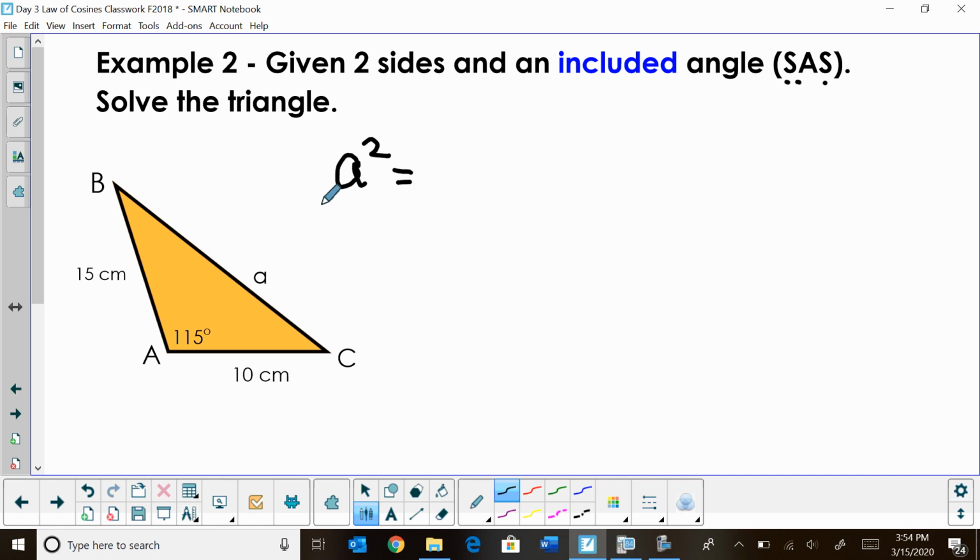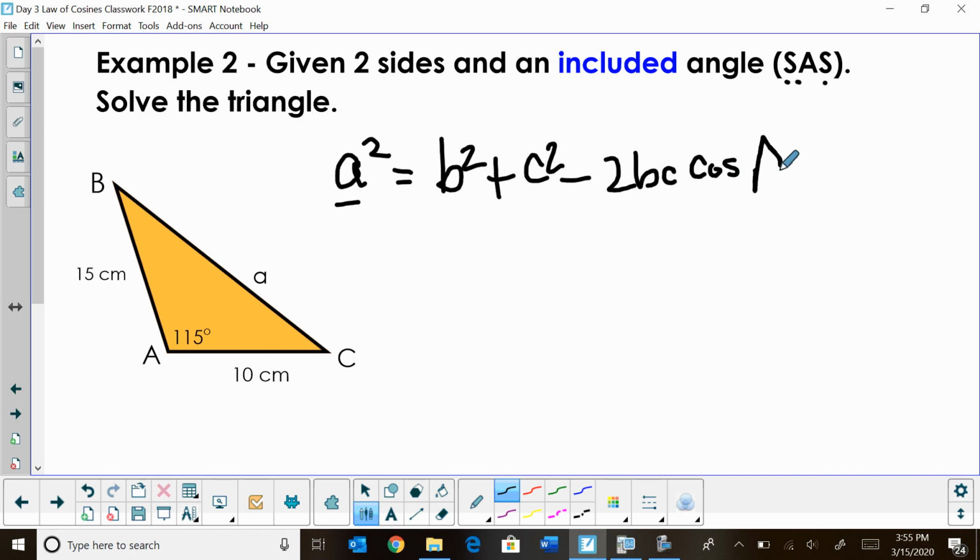If we don't know A, I'm going to write this equation in terms of A. So A squared is equal to B squared plus C squared minus 2BC cosine of A. So that's why we use side-angle-side, because B and C are the adjacent sides to angle A. Now, A squared is what we don't know, so let's bring it down.